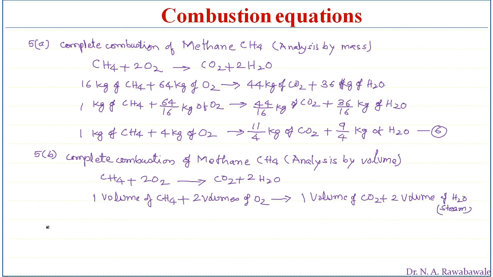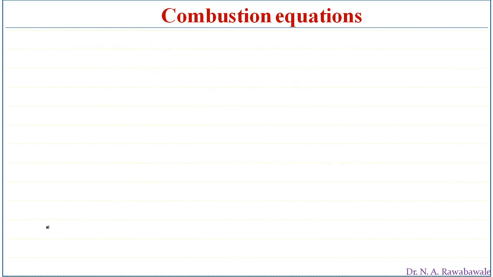So now coming to the next equation, combustion of ethylene, complete combustion of ethylene on the mass basis. There are many more organic compounds which are going to burn in presence of oxygen to produce certain byproducts. So we'll take one more example of ethylene, combustion of ethylene.